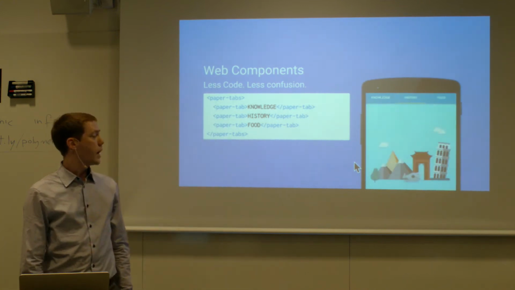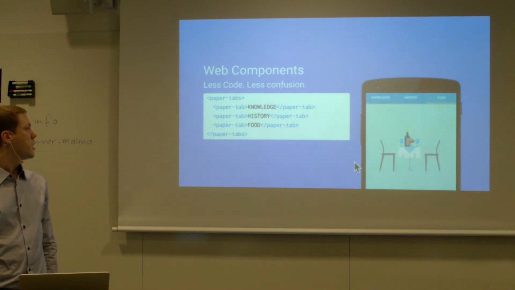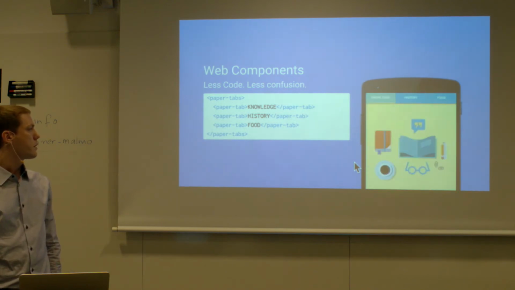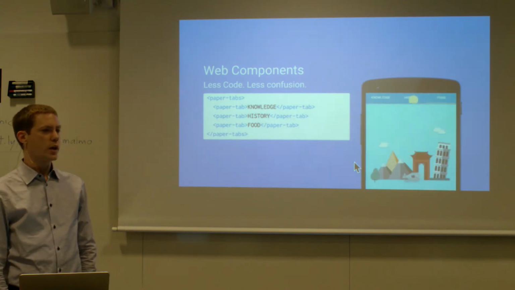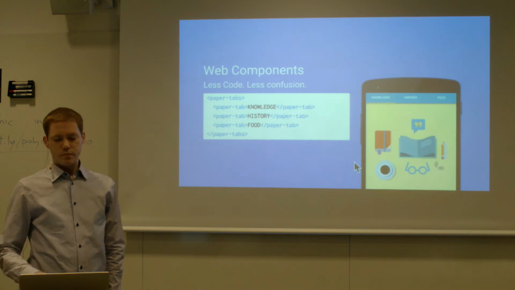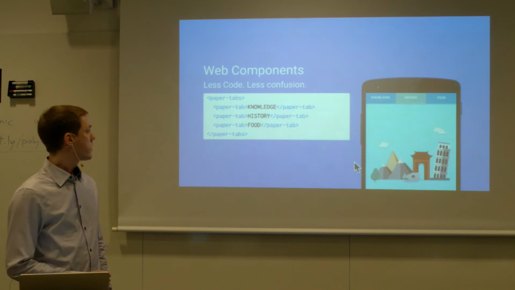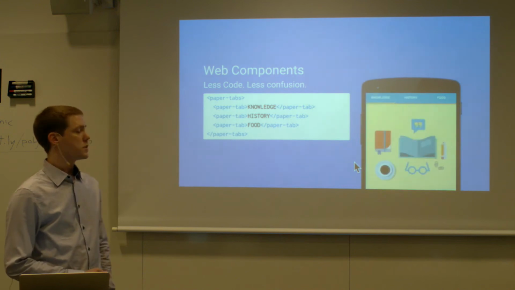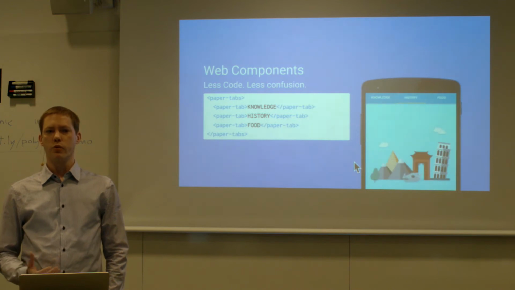And if you want to add a new tab, you just know what to do. You just copy and paste that and add a new one. It's no harder. You don't need to look into JavaScript and figure out if it's last child in CSS or whatever. And the good thing is you can use this in any project because it's the native web platform we're using. It's going to be reusable.